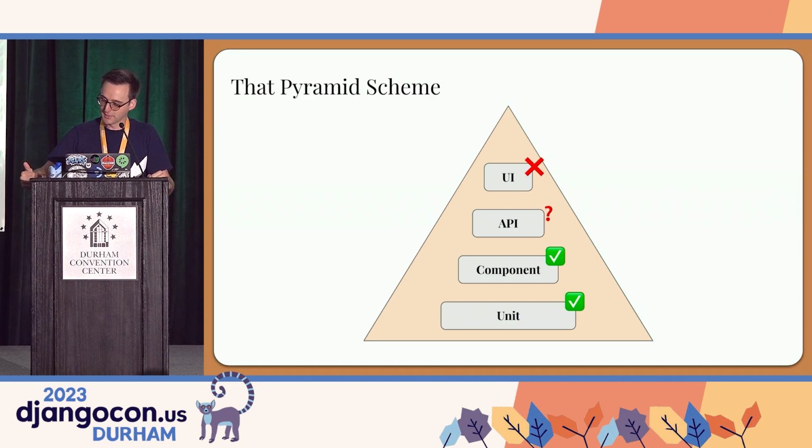And then moving up the layer of the pyramid, component tests. The idea is that maybe we have these UI widgets. Maybe we don't, but if you do, you have a UI widget library where we can test these UI units as components, right? And this has become very popular within the web space. We're going to talk a little bit about it later, but component tests are good because they're essentially like unit tests. We keep moving up the pyramid into API territory.